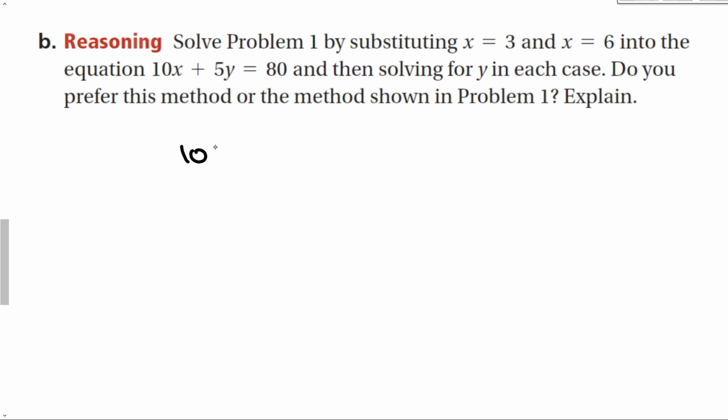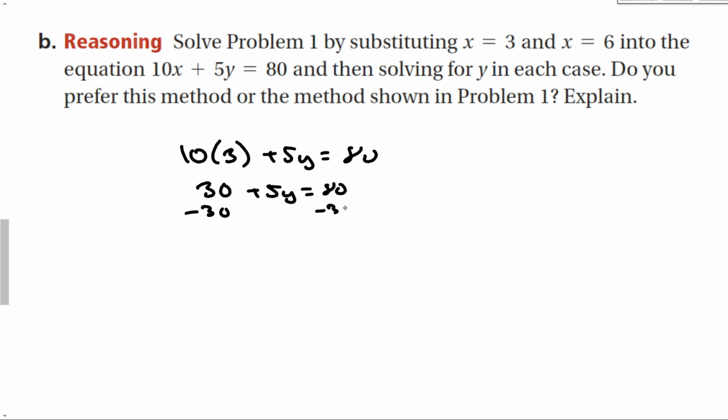We can do 10 times 3 plus 5y is equal to 80. So that's 30 plus 5y is equal to 80. Subtract 30 from both sides. That's 5y is equal to 50. Divide out the 5, and we get y is equal to 10, just like we did up top.